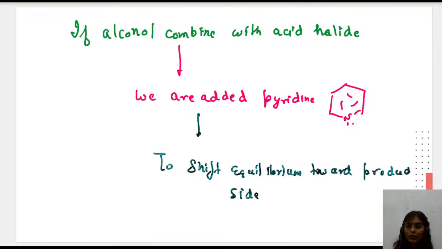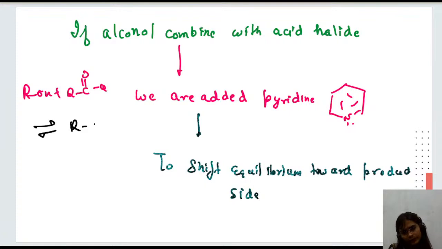Yes, very good, Darshana. So what is the problem with the reaction? In this reaction, ROH combines with RCOCl. What is the extra point in this reaction if you're observing? Again equilibrium, and in this case we get RCOOR plus HCl there.